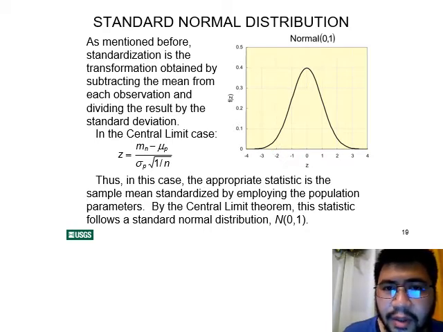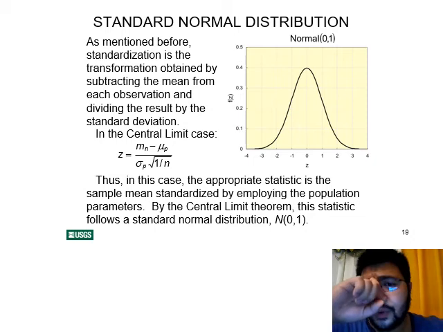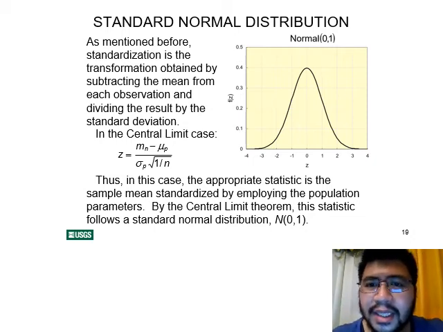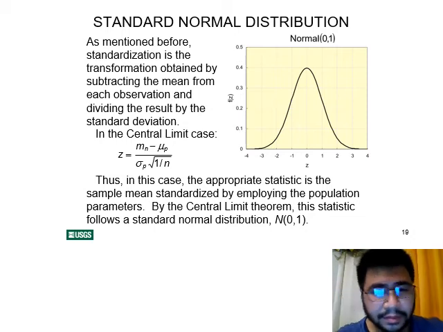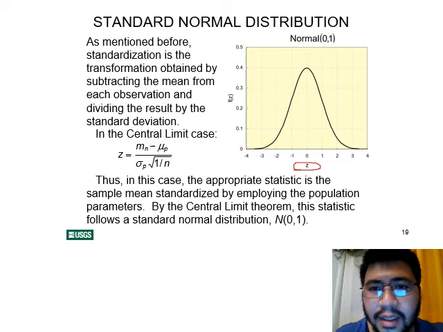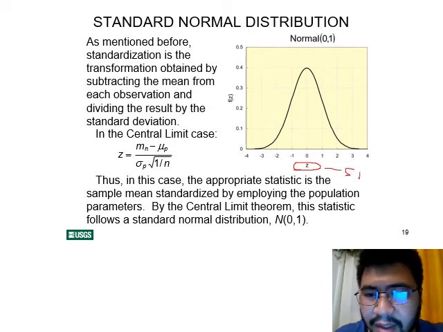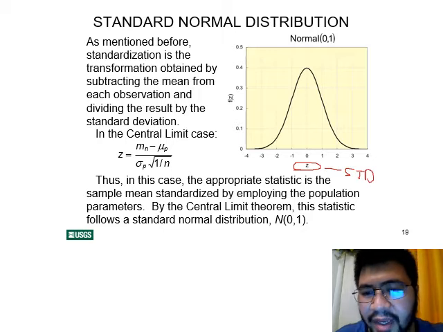All right, so going back to the standard normal distribution, it is basically a plot of your z-scores. These are units of standard deviation.